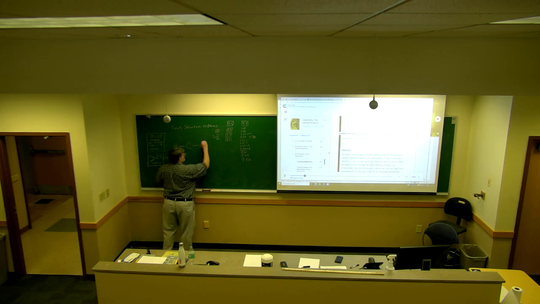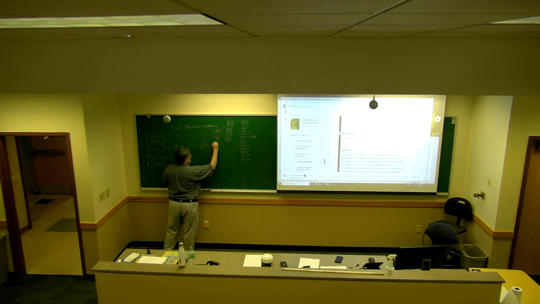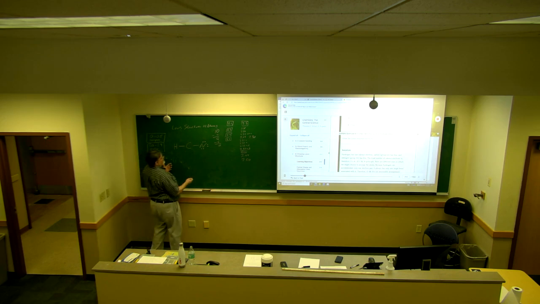So now I'll fill the octet on the outer atoms, but I ignore hydrogen because it doesn't get more. So minus 6. Now I'm out of electrons. Does everybody have an octet? But they don't. So what you do is, if everybody doesn't have an octet, you start grabbing whole pairs from one of the outer atoms and making a bond there.